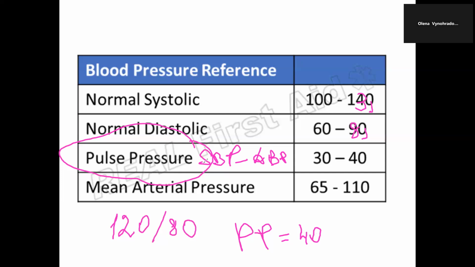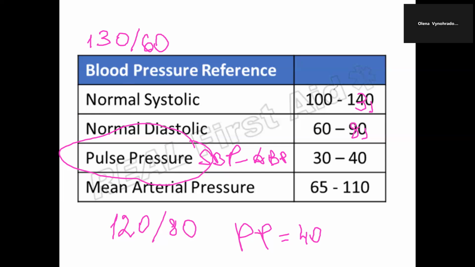Why do I show you that? It's important to remember. Look, for example, one person has pressure 130 on 60. According to the norms, is systolic normal or not?